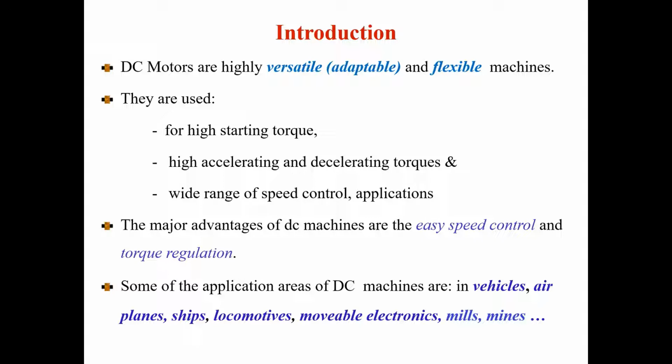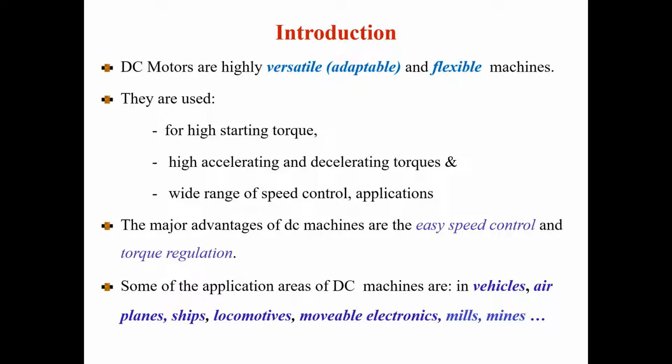So it is considered as an adaptable, versatile, or flexible machine. And DC machines are most commonly used for high starting torque applications, for high accelerating and decelerating torques, and it's also used for a wide range of frequency control applications.